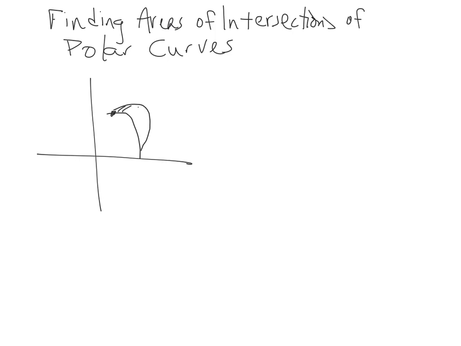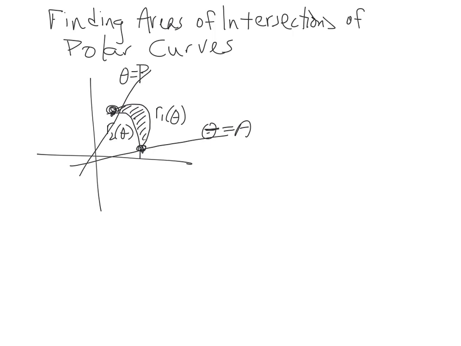And so there's this area that overlaps. You're going to have two r equations, r sub 1 of theta and r sub 2 of theta, and they're going to have an intersection point on each side. So this theta would equal A, and this theta would equal B.